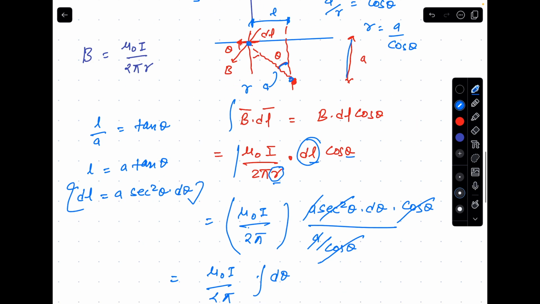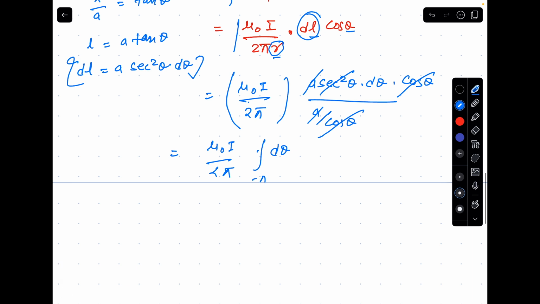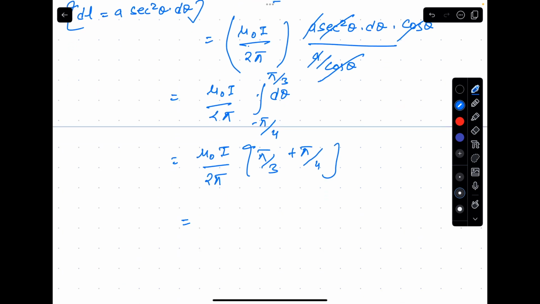So the integration is from minus pi by 4 to pi by 3. Usually you do this kind of integration in the electric field. So mu naught I divided by 2 pi, and the integration of d theta is theta. When we place the upper value pi by 3, and the lower limit becomes positive pi by 4, that gives 7 mu naught I divided by 24 pi.